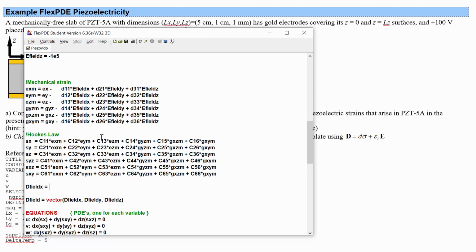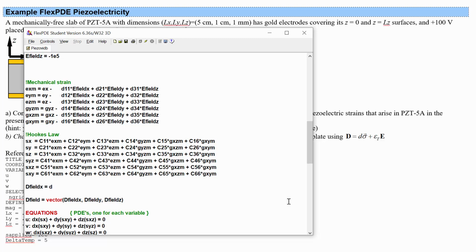And then we'll say that D field X comes from multiplying the D matrix by sigma and then adding epsilon times E. So we're going to need to have the D matrix multiplied by the stress being this 6-dimensional thing here. So there's going to be a lot of typing out here. We're going to have D in its natural form.